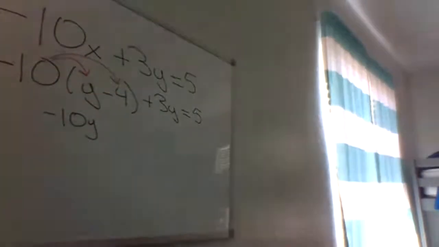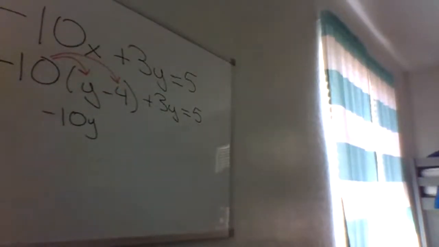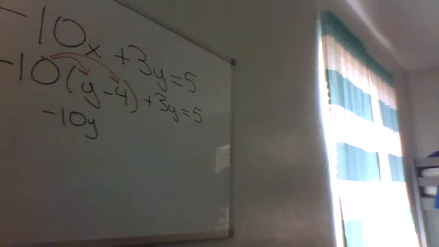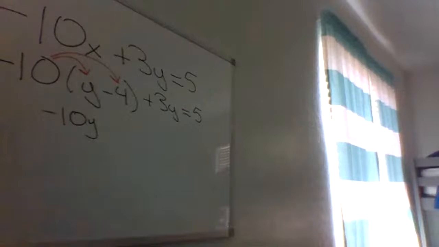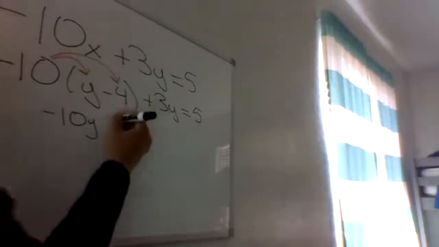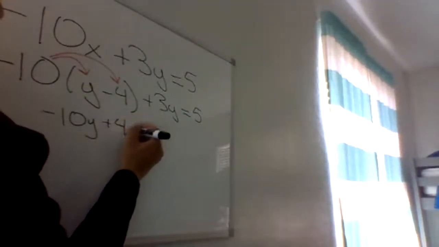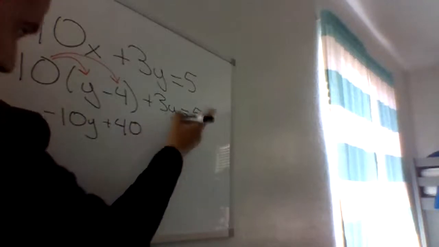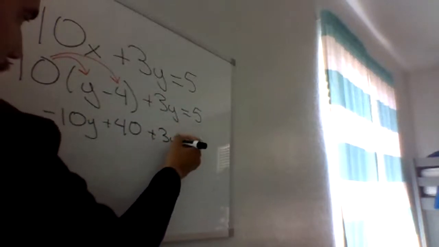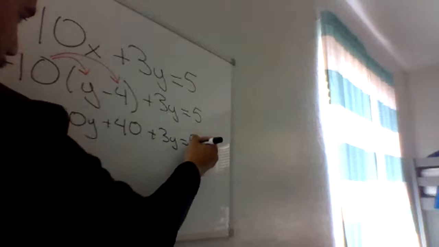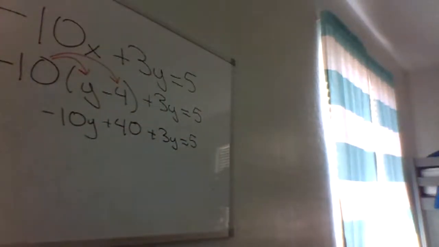So we got that. Now what do we do? Negative 10 times negative 4, which would give you what? Yes. Positive 40. There we go. I'm going to keep writing everything else. Plus 3y equals 5. Now what?